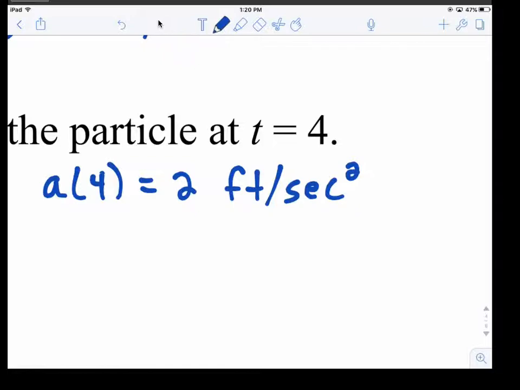Because you keep dividing by time. Position doesn't have time with it. Velocity, you take the vertical divided by the horizontal, which is seconds, and then the acceleration, you do that again.